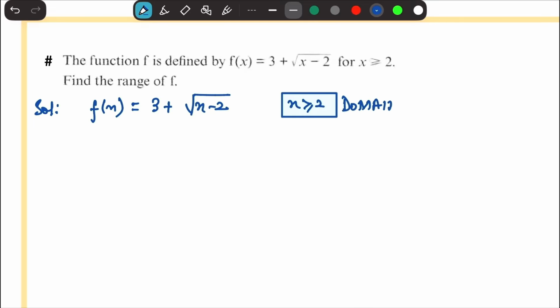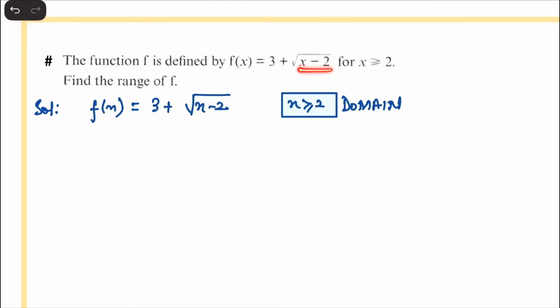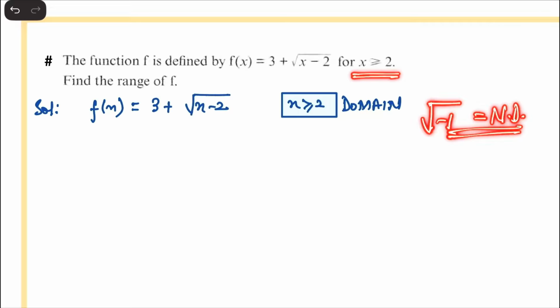And you need to understand why it is necessary for x to be greater than or equal to 2, because if I take any value less than 2, then this particular root function will become not defined. I will give you an example. Suppose I take x equal to 1, then 1 minus 2 will give you minus 1. This under root minus 1 is going to give you a not defined value, and that's the reason I'm saying that the value of x is always going to be greater than or equal to 2.